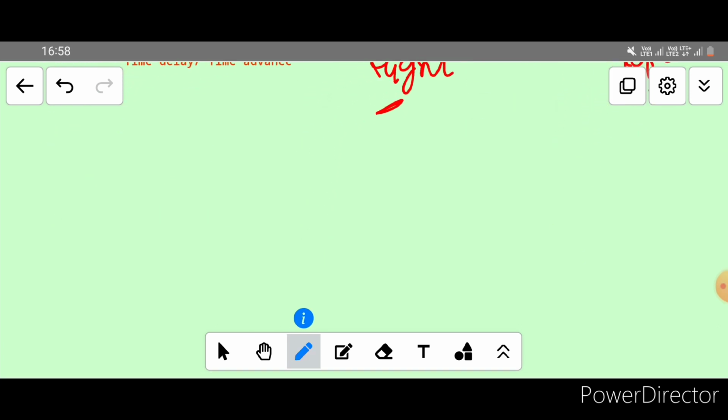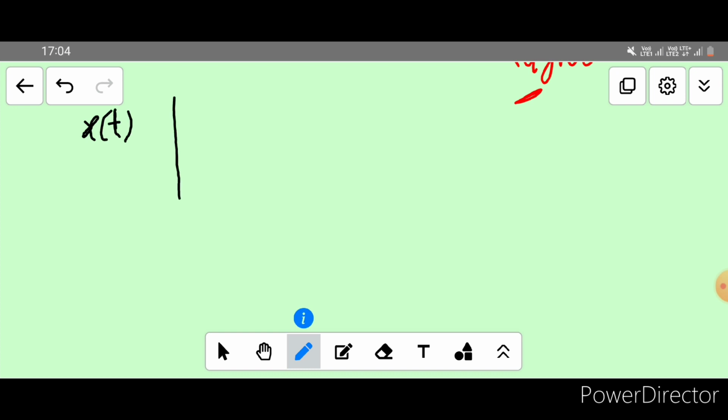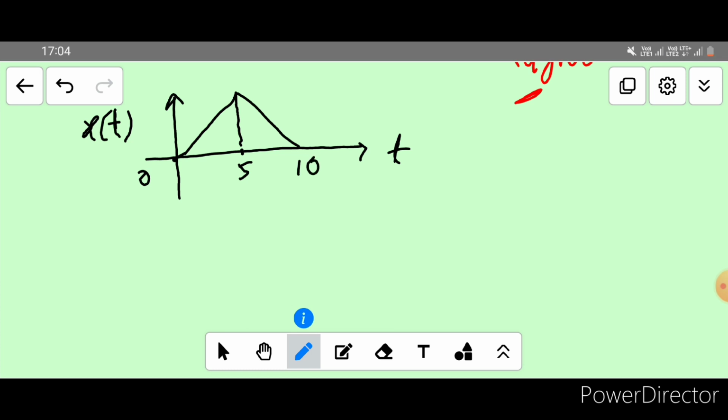Let's take an example. Suppose x(t) is our signal. It is varying in the time domain. x(t) is a triangular signal with points 0, 5 and 10.